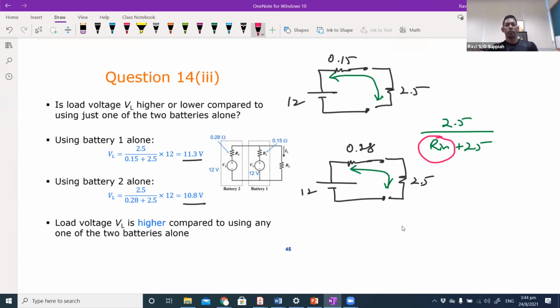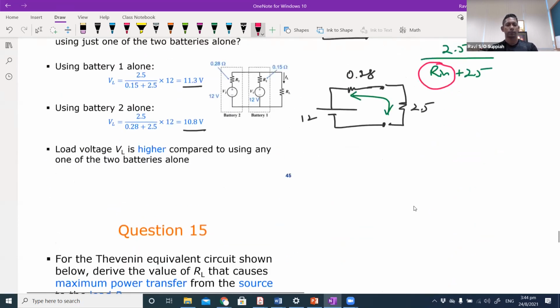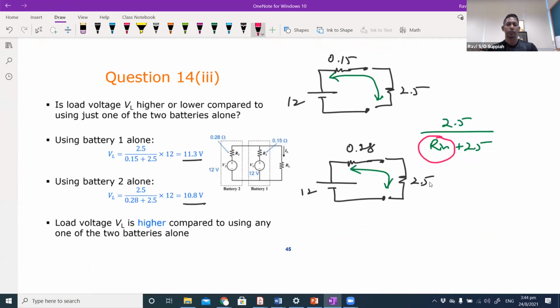Compared to individual batteries, the combined cell has a much lower internal resistance, so the voltage drop it experiences is going to be a lot smaller compared to that of a single cell. That is what this question is making us realize: the voltage the load experiences is always going to be higher when you have a combined cell because of the lower internal resistance.